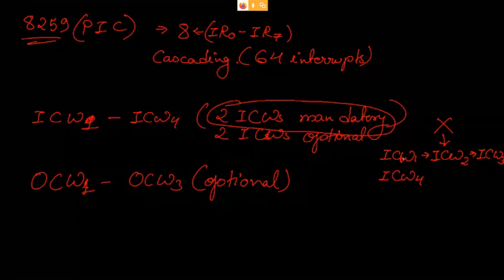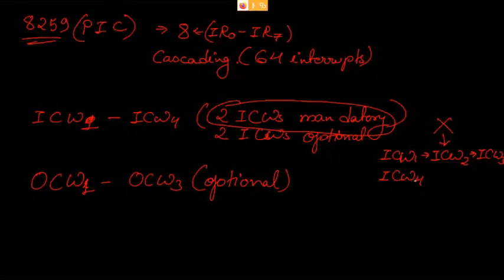Always start with ICW1, then ICW2, 3 and 4. You cannot change the sequence at any time. If you want to reinitialize the whole system, again you have to start with ICW1, then ICW2, ICW3 and ICW4. You cannot start with ICW4, then ICW1, then ICW3. It is not allowed. You must follow this particular sequence.